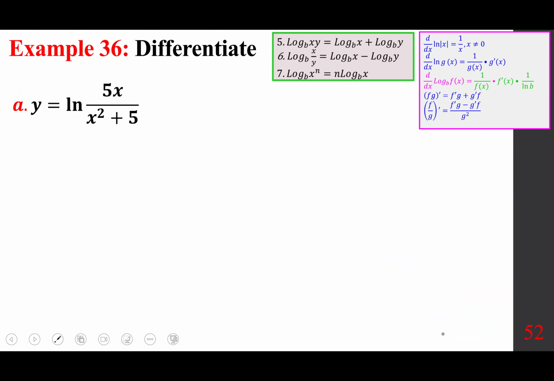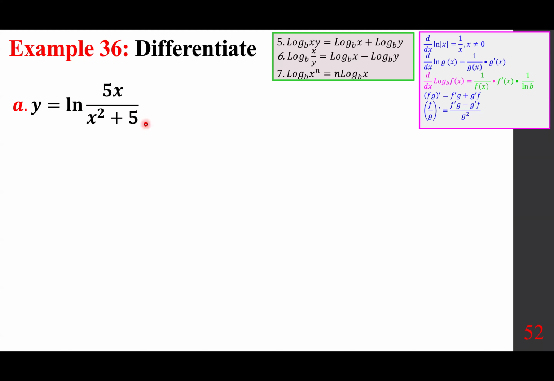y equals ln of 5x over x squared plus 5. Well, we can differentiate this by flipping this over, and then we need to tag along the derivative of that by the chain rule, right?